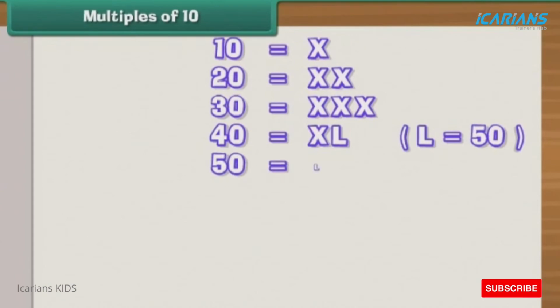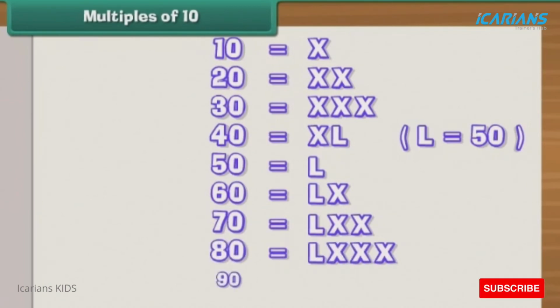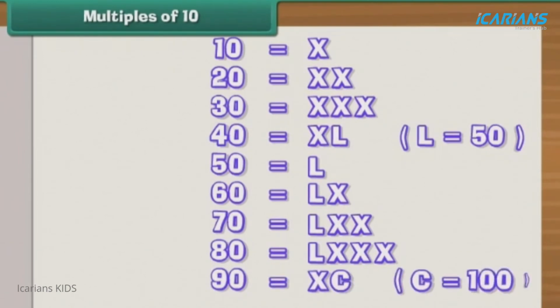And 50 is L. Similarly, 60 is 50 plus 10, that is LX. 70 is 50 plus 20, that is LXX. 80 is LXXX. 90 is 10 less than 100, so it is written as XC, where C stands for 100, and 100 is C.